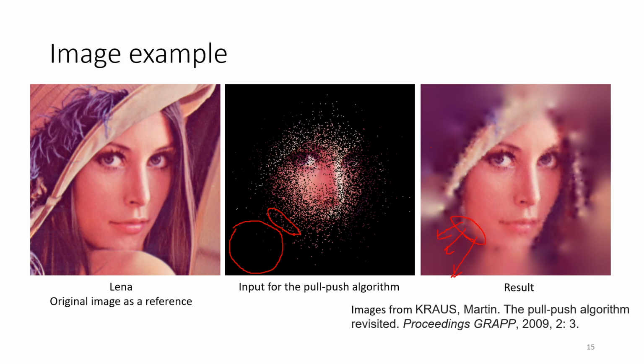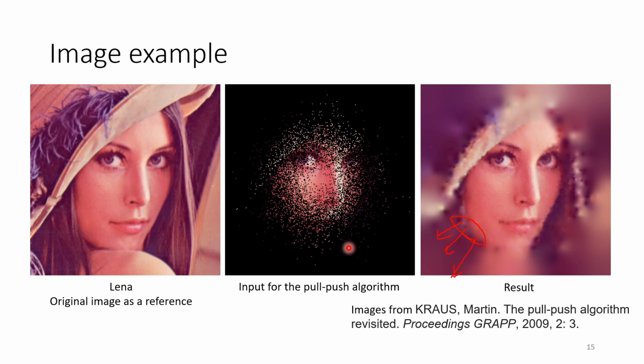Okay. All right. So why do we need this? You currently see two examples. The common property is that you have limited input data, and for other regions, for these regions and these regions, you have no input data.